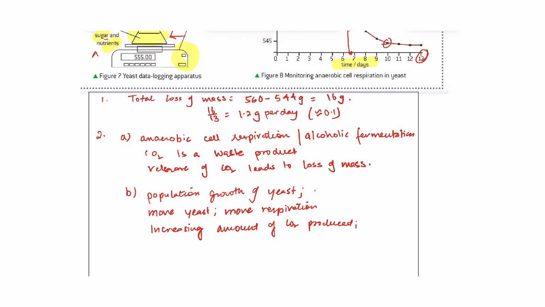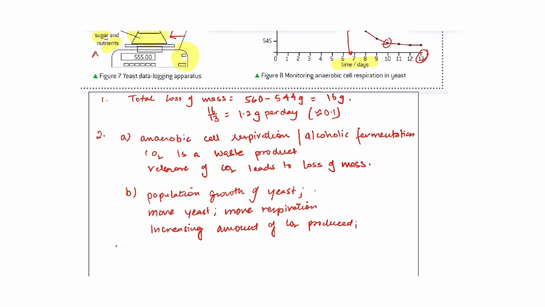So these can be 3 points. I think that is good enough for 3 points. You can go in detail, like waste heat is also produced, which is decreasing CO2 solubility. But I think these 3 points are good enough to get the marks.